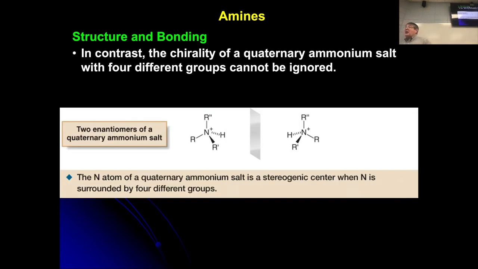That is not true for ammonium salts. These salts are actually non-superimposable, and you can separate them because there is no lone pair of electrons to invert. It can't undergo a conversion from an sp3 hybridized nitrogen atom to an sp2 hybridized nitrogen atom. Just can't happen. Okay? So you can't ignore that.